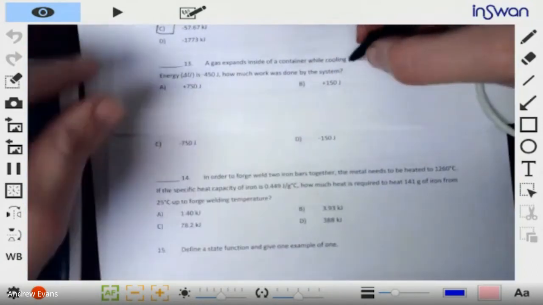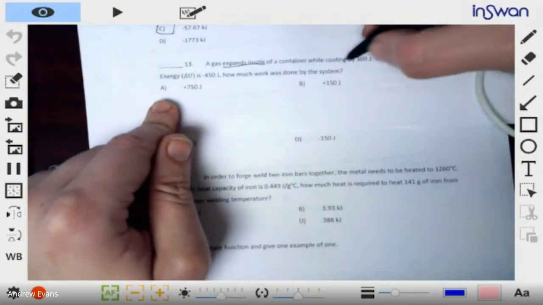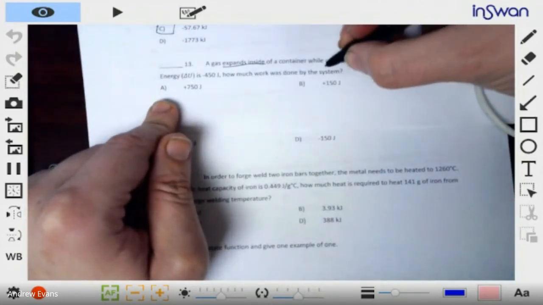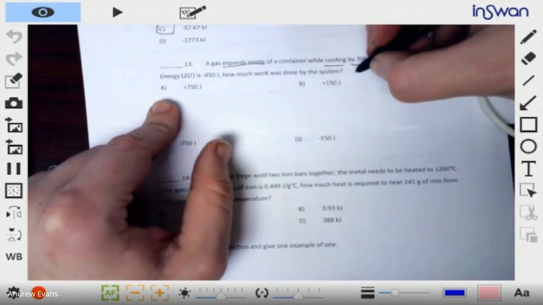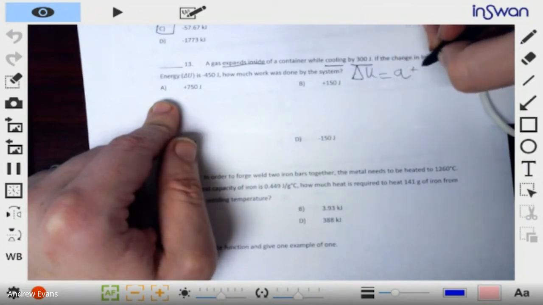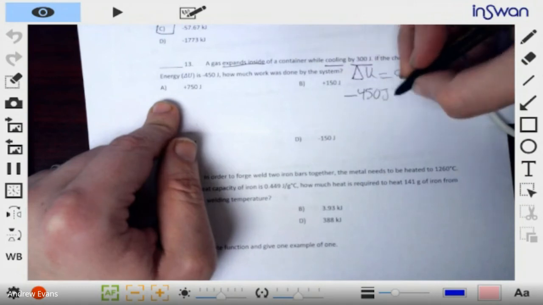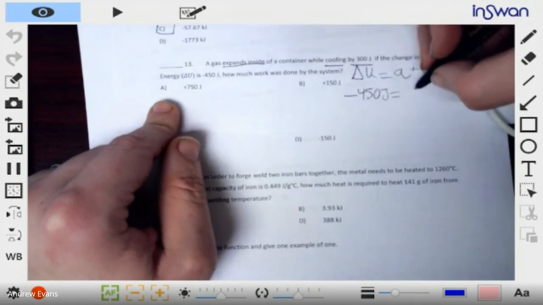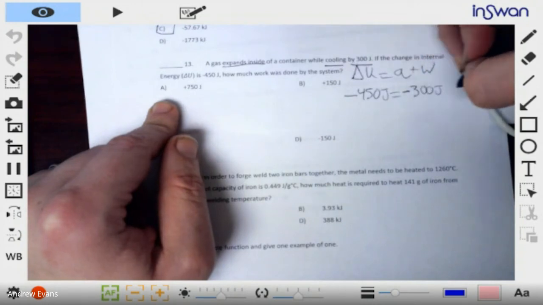The gas expands inside a container while cooling by 300 joules. What if the internal energy is negative 450? How much work was done by the system? So delta U equals Q plus W. Delta U is negative 450. When it cools, it is losing heat, so it's negative 300 joules.